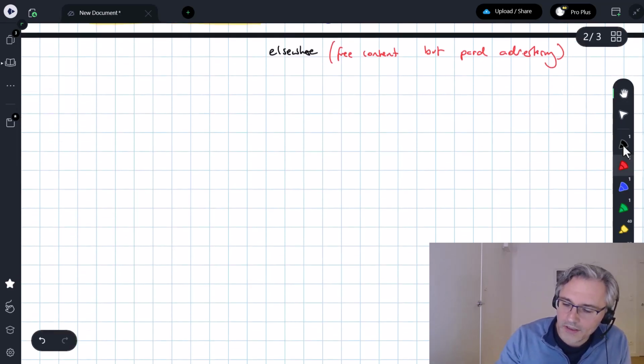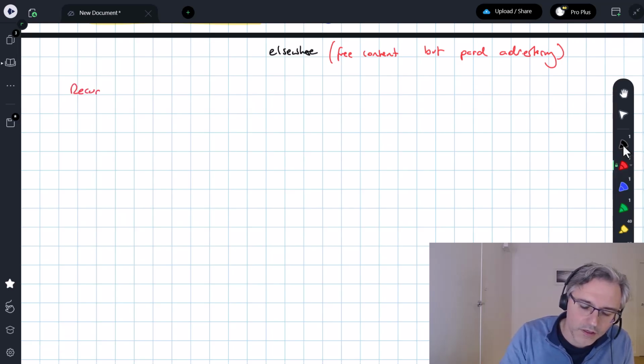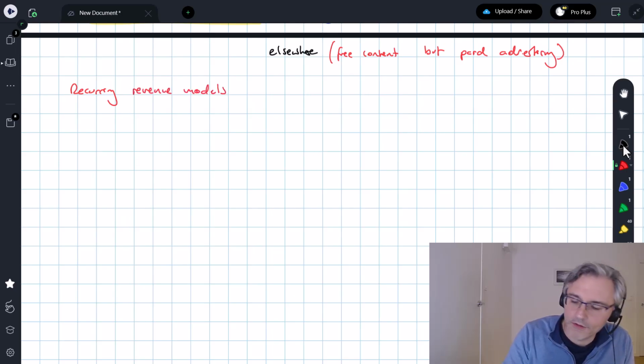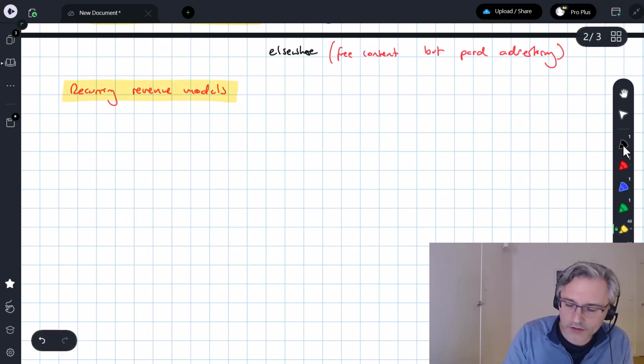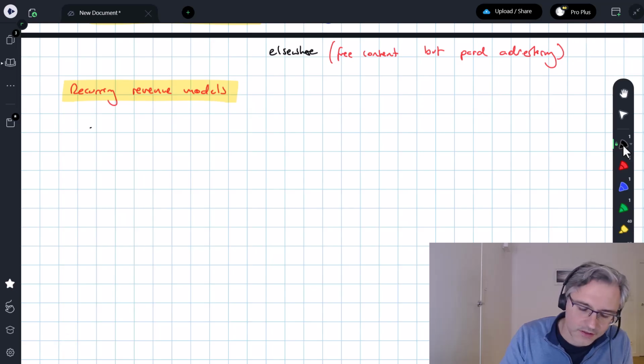This section finishes off with some remarks on recurring revenue models. It's not all about selling digital products. It's also about more classic things like a subscription model, which has been around for ages.